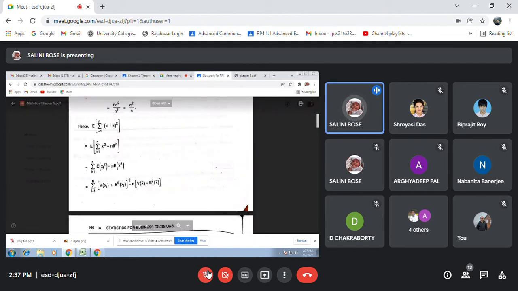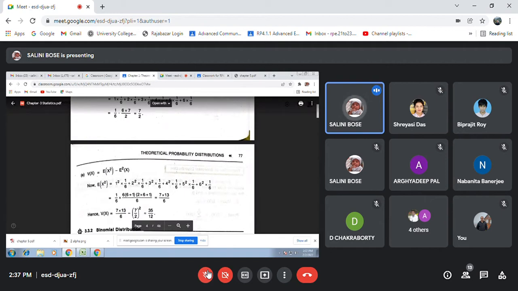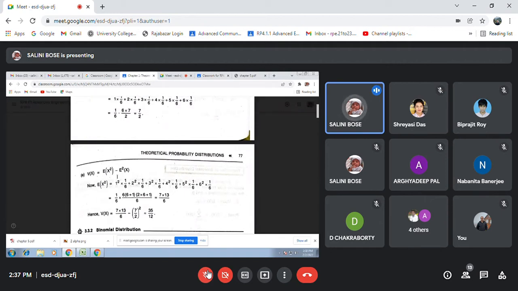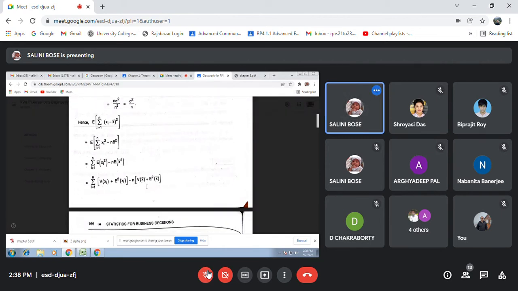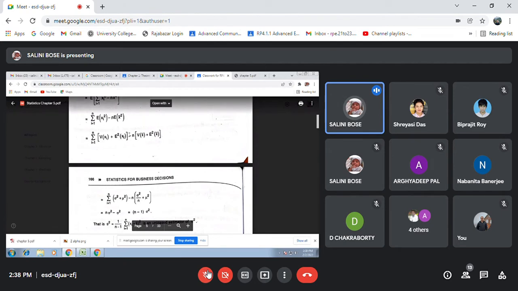And this one is minus n times E of x bar square. So E of x bar square is also variance of x bar plus E square x bar. By putting those formulas in, we can easily find V of xi.